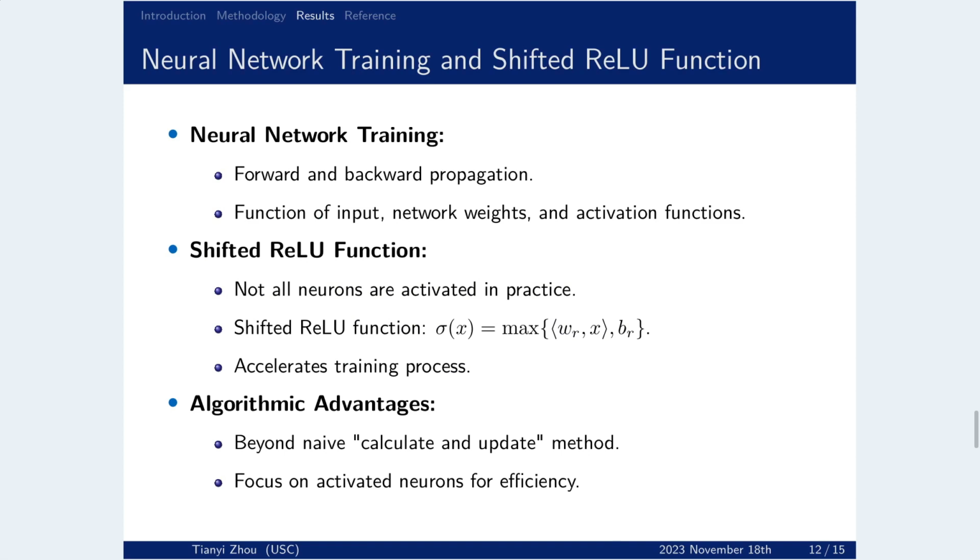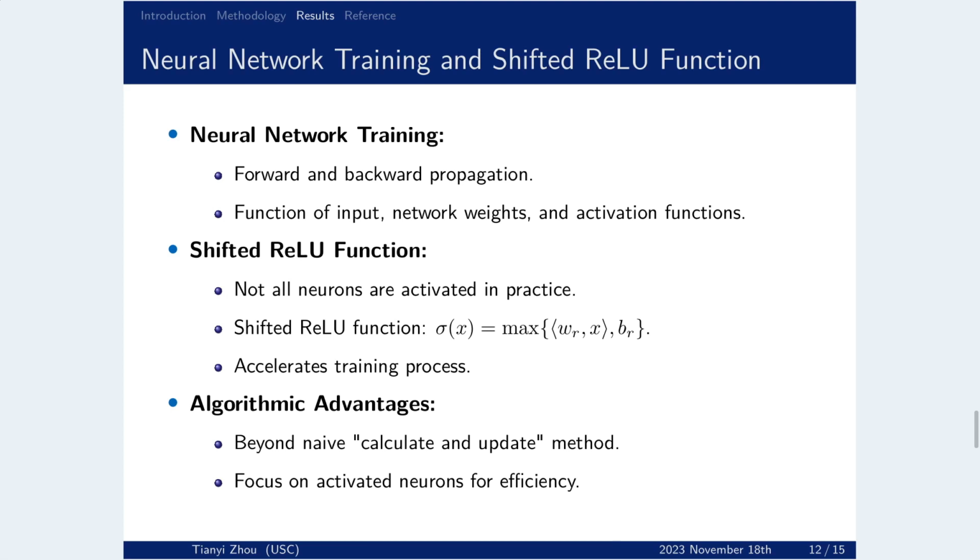Next, I'm going to introduce how our work can be applied to neural network training. Neural network training typically involves both forward and backward propagation, relying heavily on inputs, network weights, and activation functions. However, in practical scenarios, not all neurons are activated. So this brings us to the use of the shifted ReLU function for improved efficiency in training.